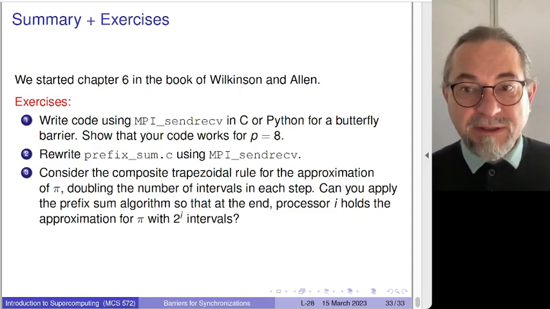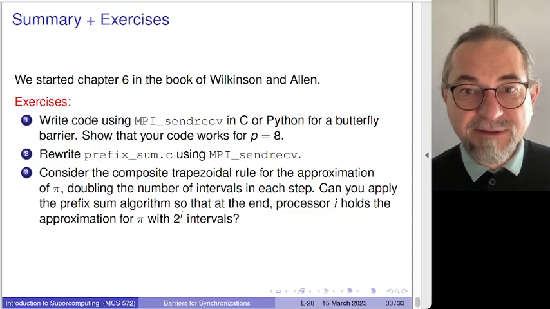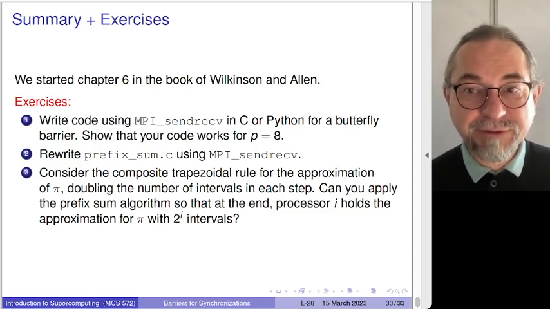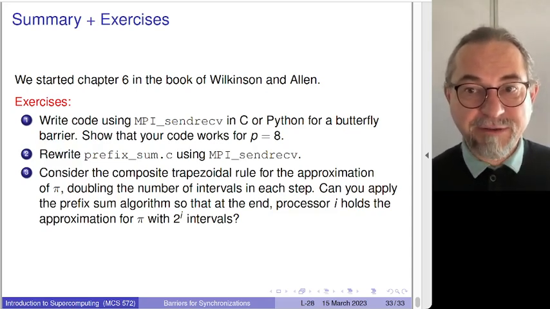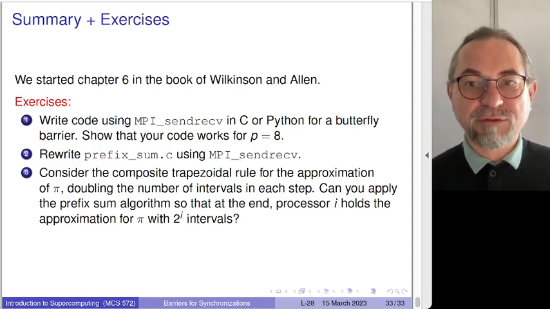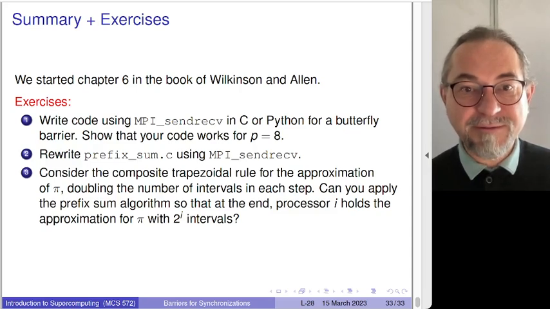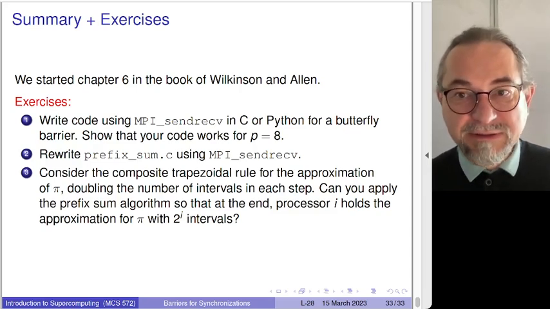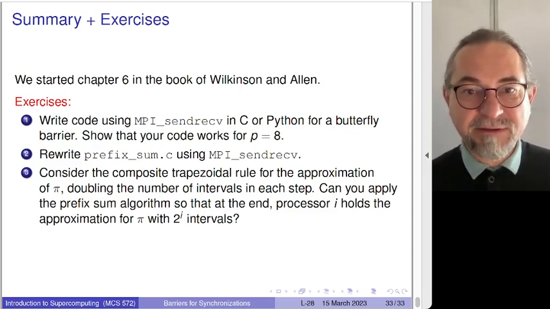So we've seen the definition of the butterfly barrier as a more efficient version of the tree barrier, which combined the fan in and the fan out broadcasts that we have seen earlier. So in some sense, we are advancing and generalizing our knowledge, also our practical knowledge of MPI. So there is the send and receive.